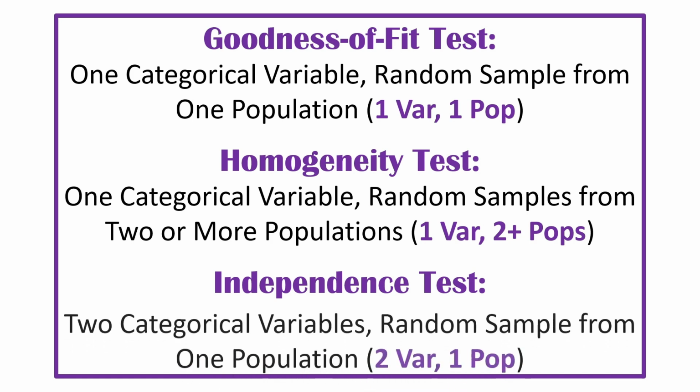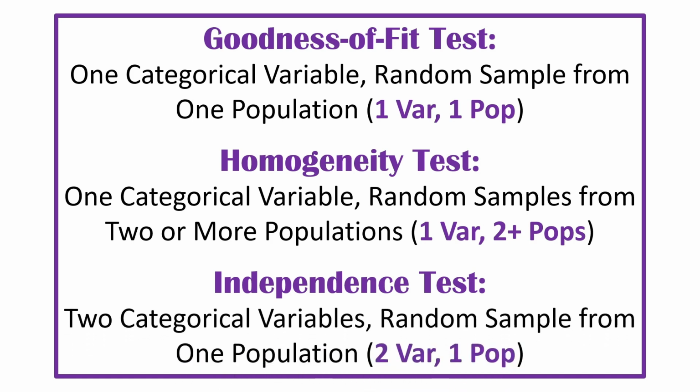And the independence test is 2 variables and 1 population. Right, so it's important that you can distinguish one of these cases from another. On the midterm, probably and most certainly on the final, you'll be given scenarios, and you have to figure out which of the models that you'll be learning in this course apply to which of those scenarios. So it's really important that you can distinguish between these 3 scenarios.